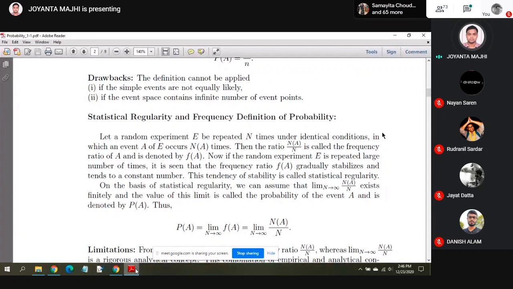Let a random experiment E be repeated n times under identical conditions, in which an event A of E occurs Na times. Then the ratio Na by n is called the frequency ratio.